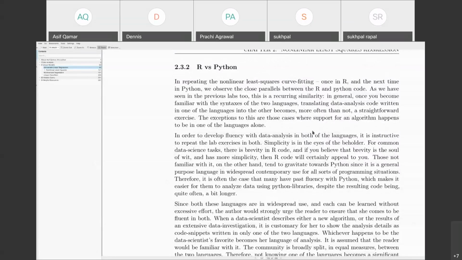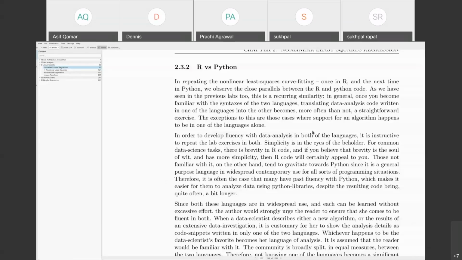As we have seen in the previous labs too, this is a recurring similarity. In general, once you have become familiar with the syntaxes of the two languages, translating data analysis code written in one of the languages into the other becomes more often than not a straightforward exercise.